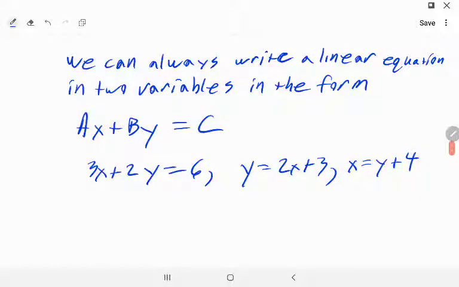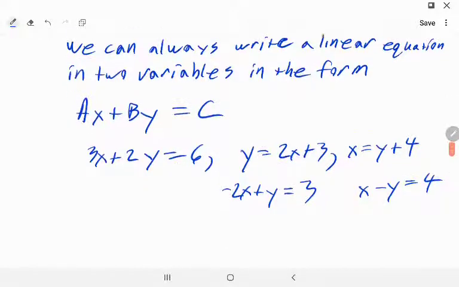You notice that that first one is already in the correct form. The second one we could rewrite as -2x plus y equals 3. The third one we could rewrite as x minus y equals 4. What we notice is that in all three cases, the variables have an exponent of 1.